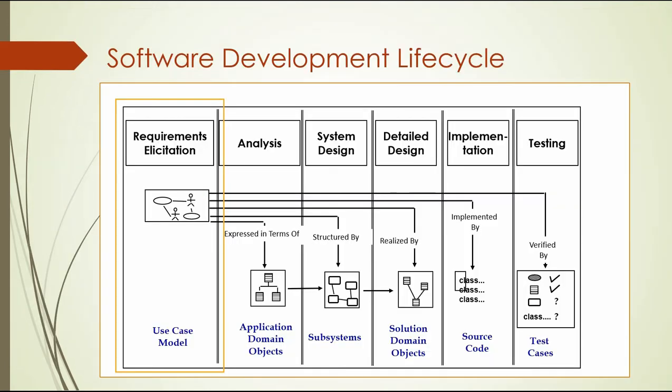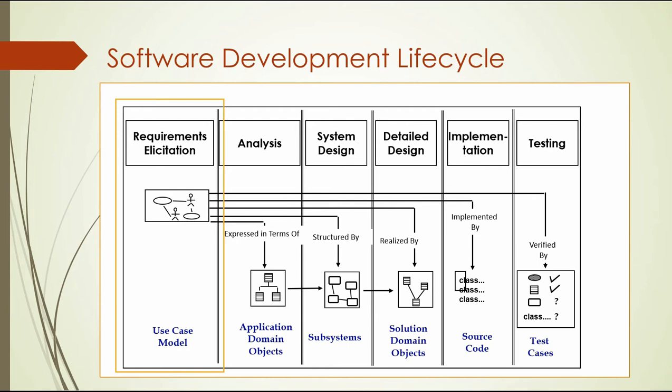So guys, as you know, this is the software development life cycle, or we can say the common steps in most existing software development life cycles, whether waterfall, agile, or any other method or model.